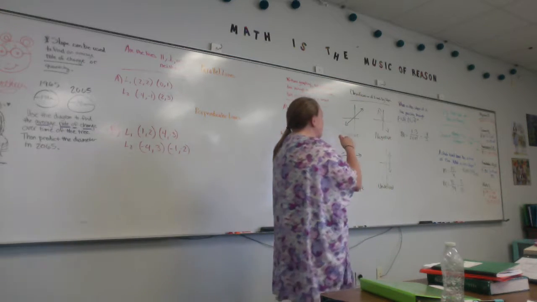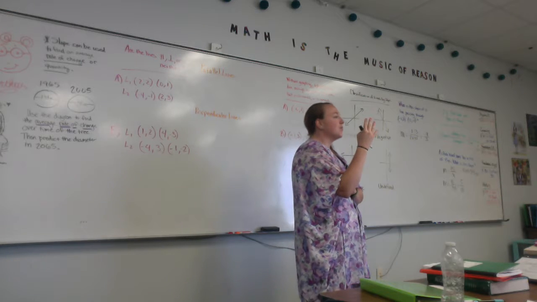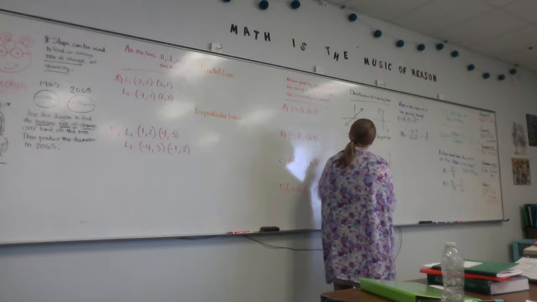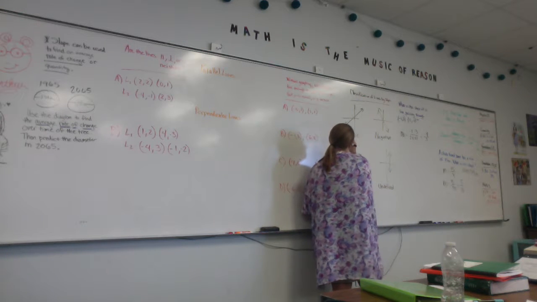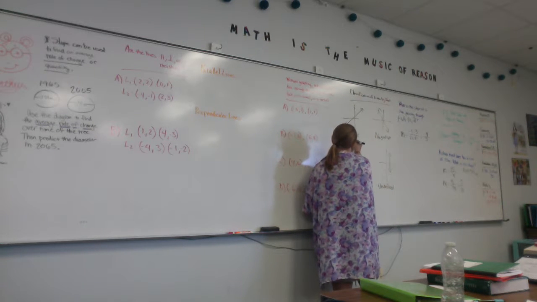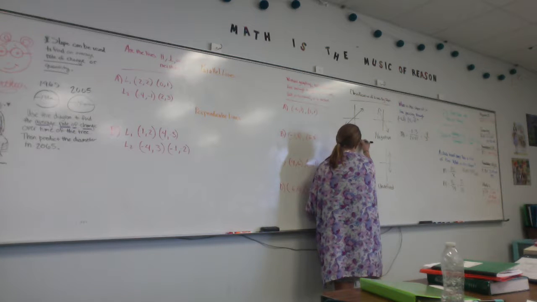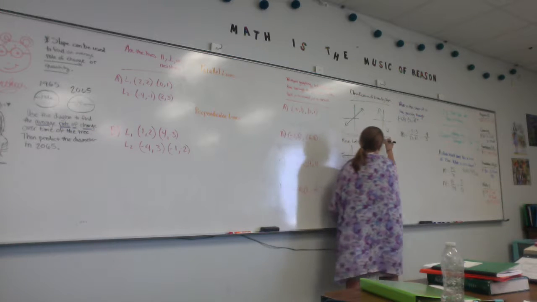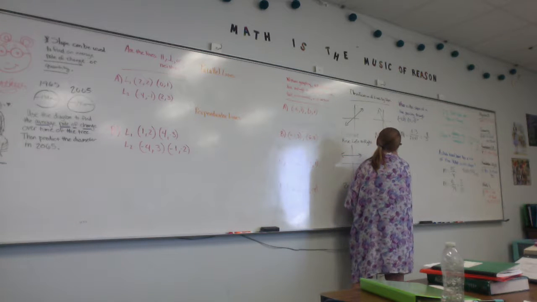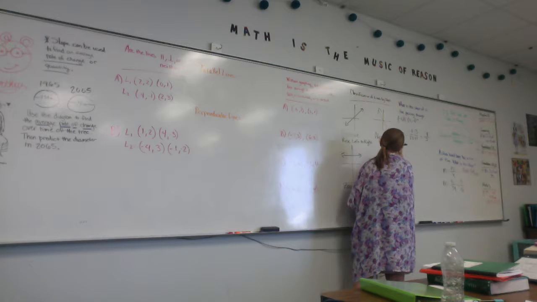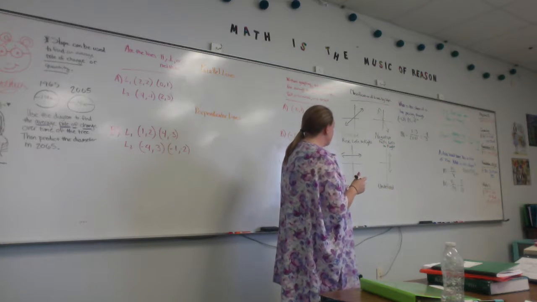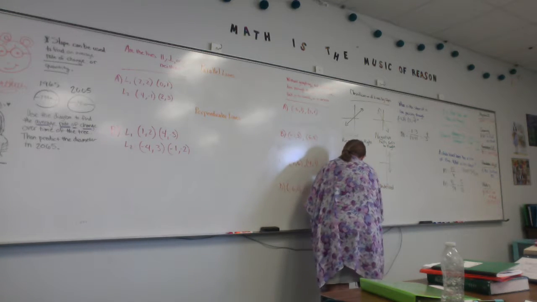Classification of lines by slope. There are 4 types of classifications we get for lines by the slope. We have a positive slope, where it rises from left to right. We have a negative slope, where it falls from left to right. We have a 0 slope, which means it is a horizontal line.